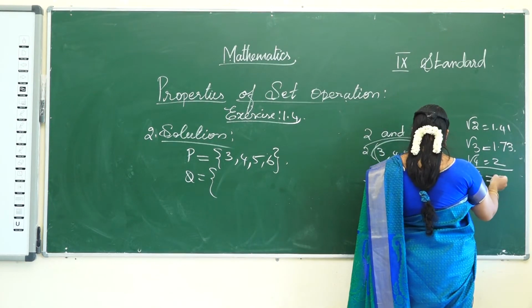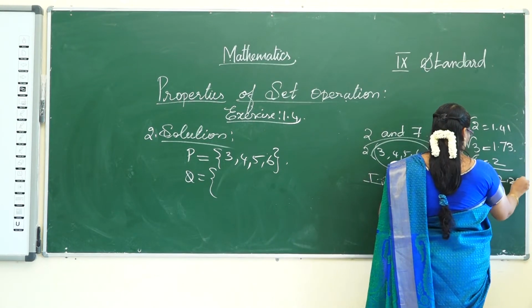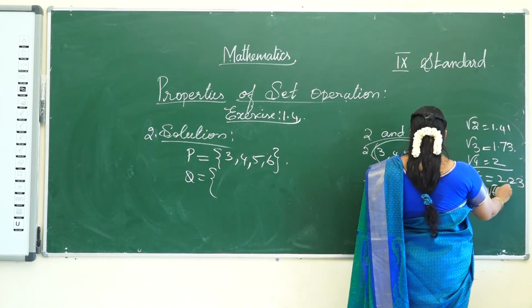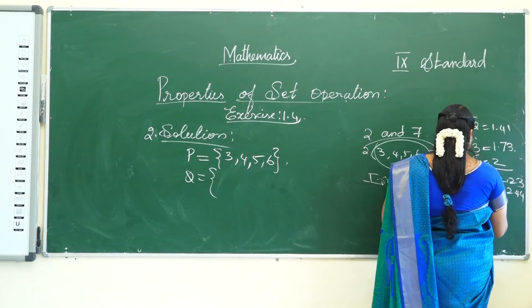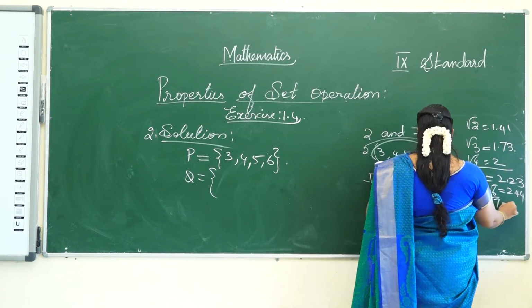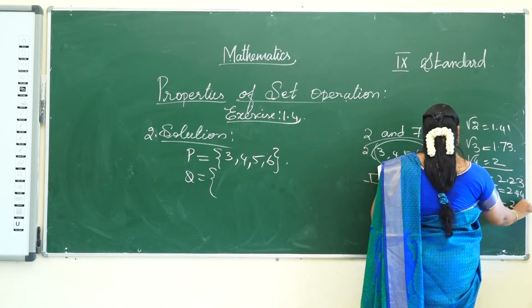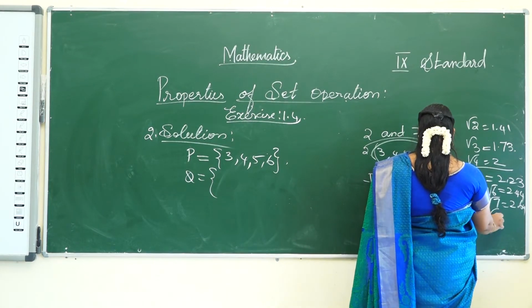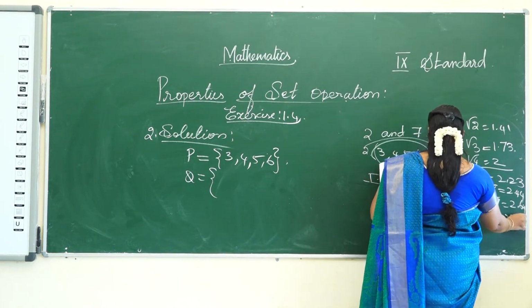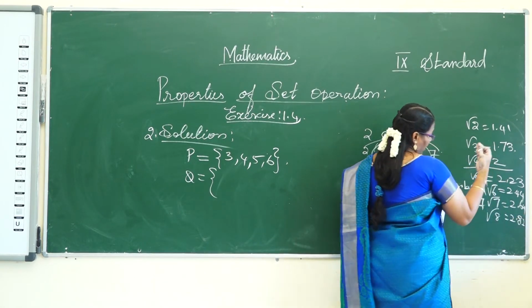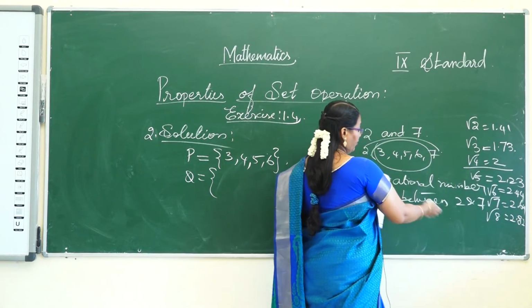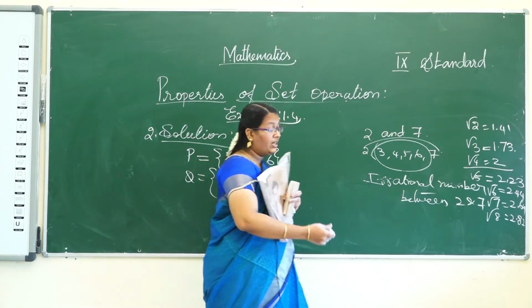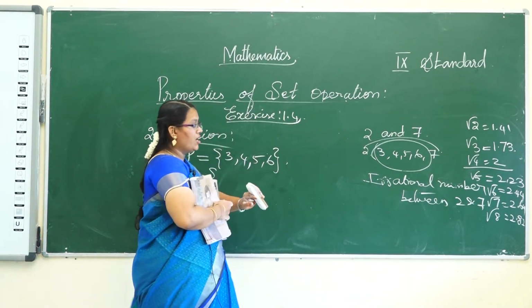Okay, root 5 value is nearest 2.23, root 6 value is 2.4, root 7 value is 2.64, and then root 8 is 2.82. So it is going endlessly; in between 2 and 7 there are infinitely many irrational numbers.